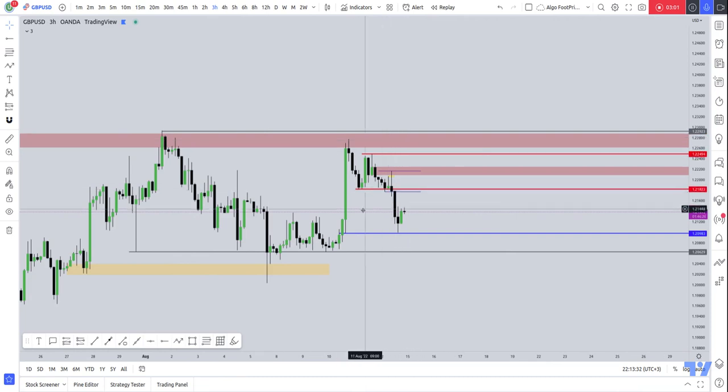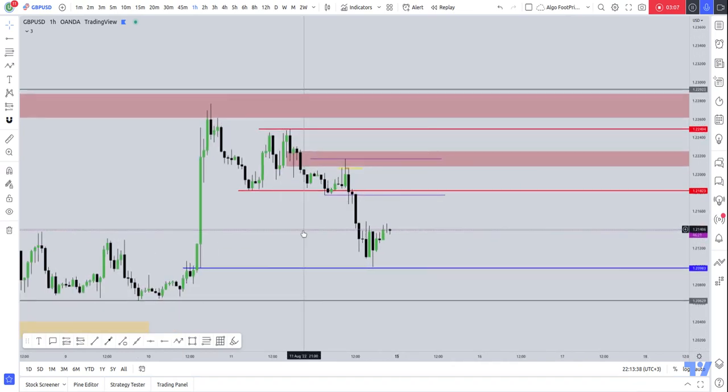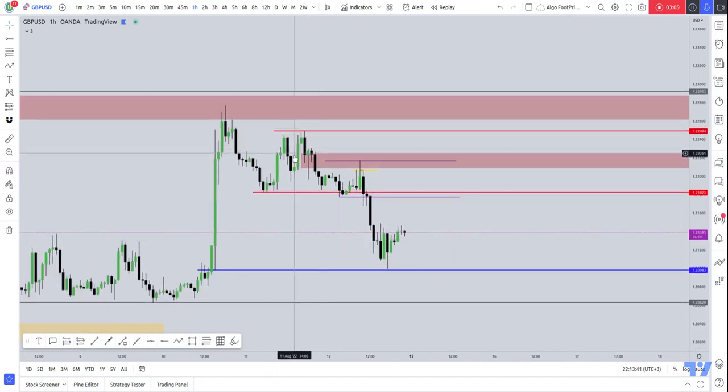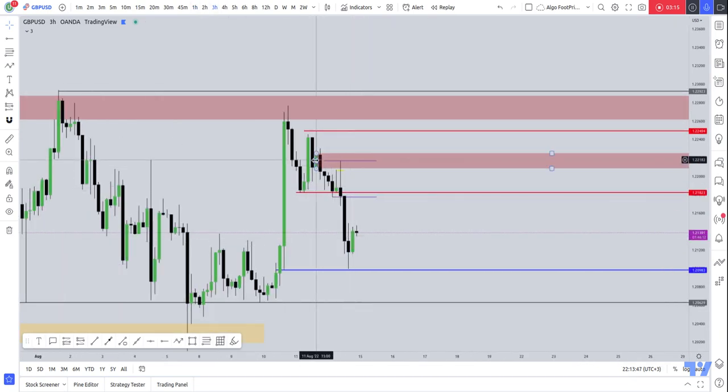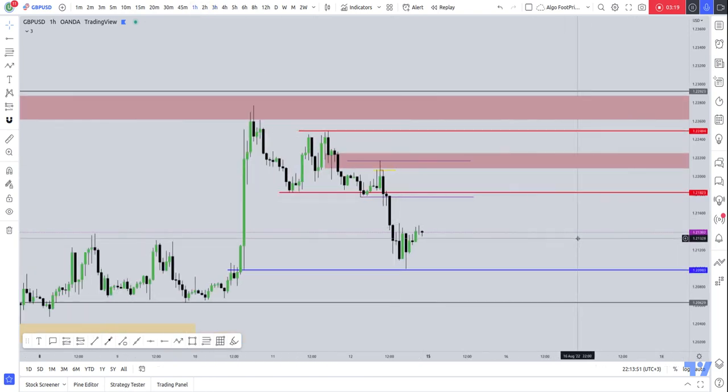And now when I went to 1 hour time frame, H1, this is the same order block. On the 3 hour, I highlighted this order block. I turned to the 1 hour time frame.